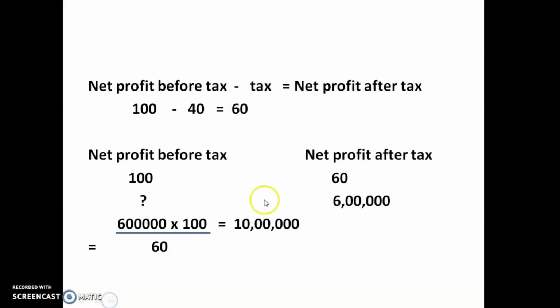So if net profit after tax is 6 lakh, what will be your net profit before tax? So go for a cross multiplication. In a proportionate way you can find out how much your net profit before tax is, and that comes to 10 lakh. So your net profit before tax is 10 lakh.